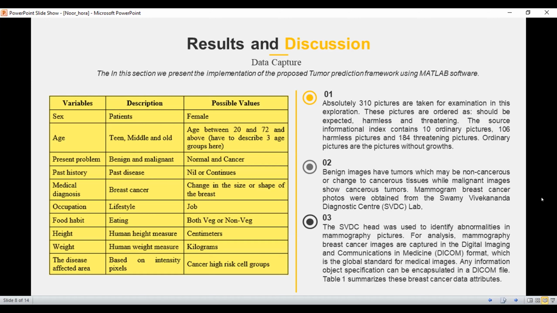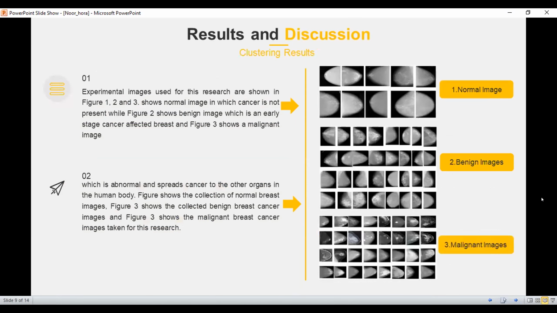The source information indicates 20 normal pictures, 106 benign pictures, and 184 malignant pictures. Normal pictures are the pictures without tumors. In figure 1, the normal picture shows a normal picture in which cancer is not present.